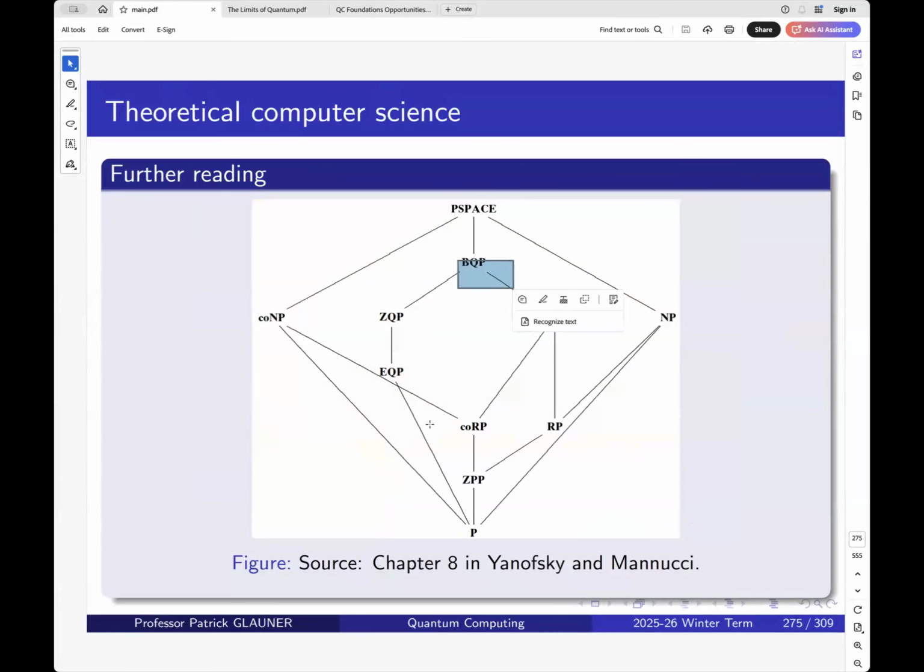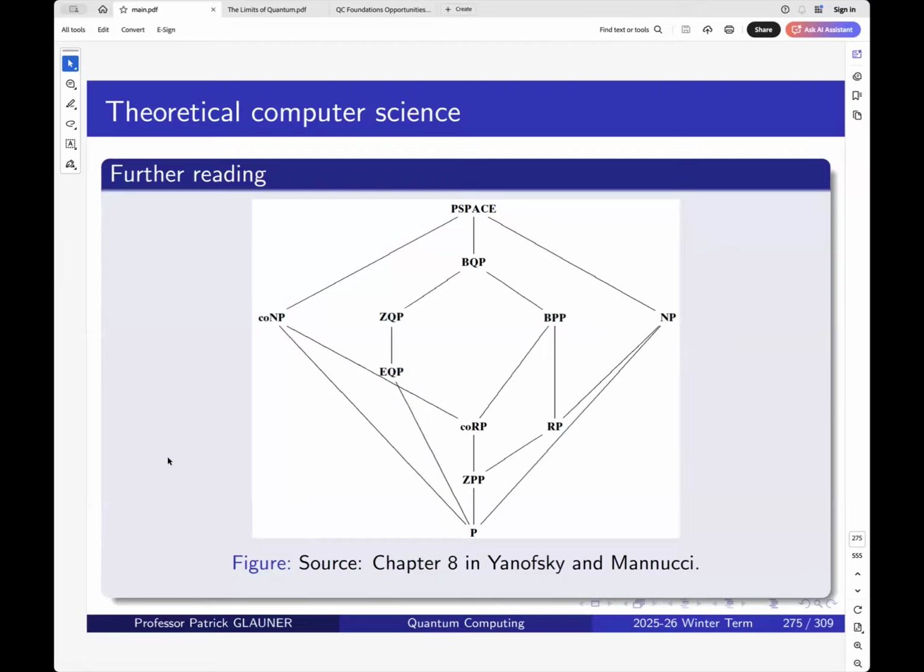There is BQP, there is BPP, the NP and P, but there's also the complement of NP. So feel free to read this. The whole chapter 8 in the Yanofsky and Mannucci book covers complexity classes. And there are a couple of more ones that are interesting, like BPP, ZQP, EQP.